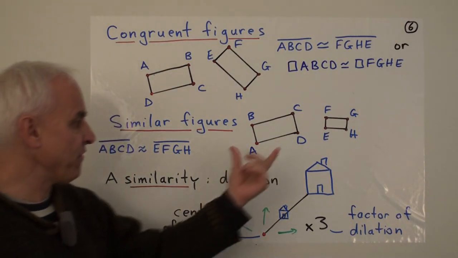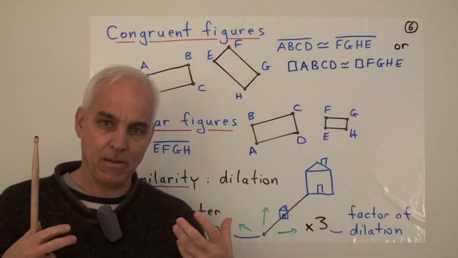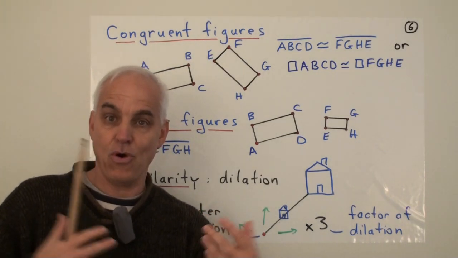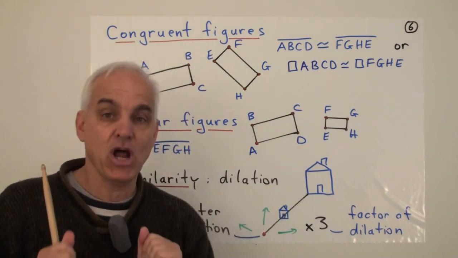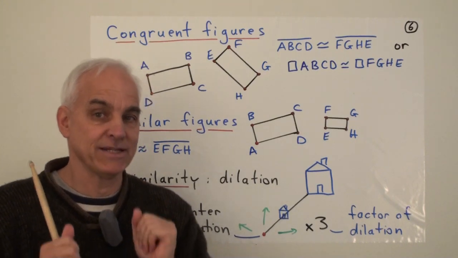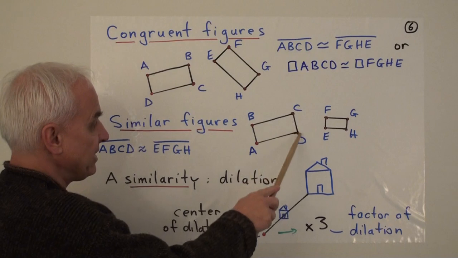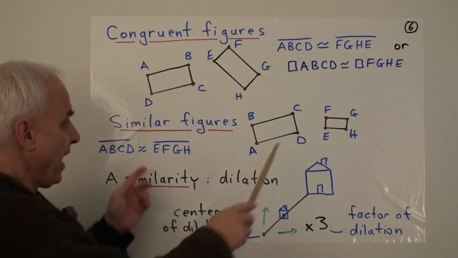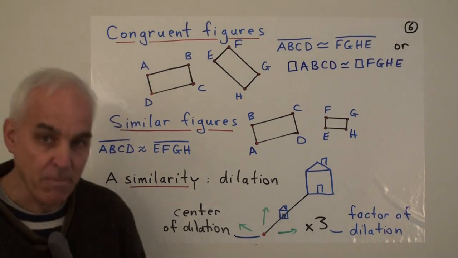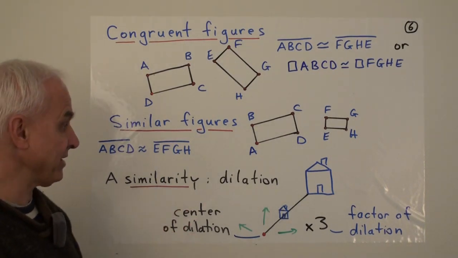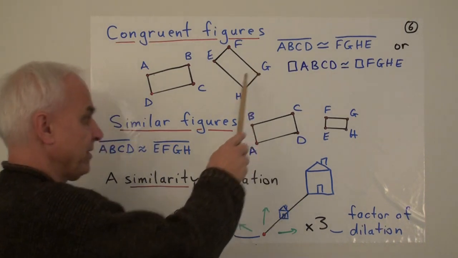That's when two figures look the same, but one is scaled down or up from the other. So they have the same shape, but not necessarily the same size. All right, so here, this rectangle ABCD and this rectangle EFGH have the same shape, but not the same size. And so we say that they are similar. Not congruent, they are similar.